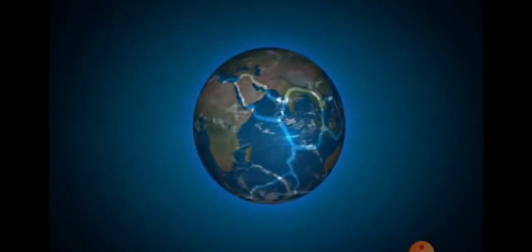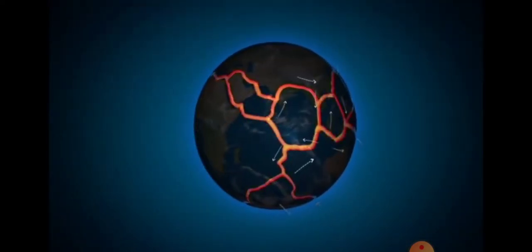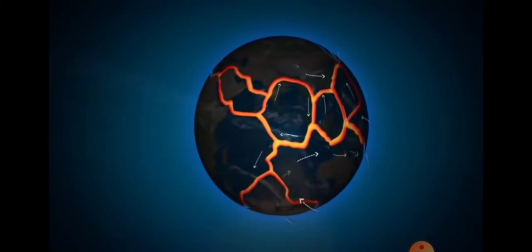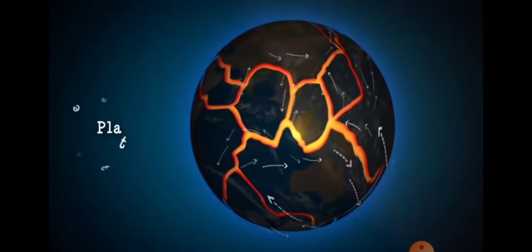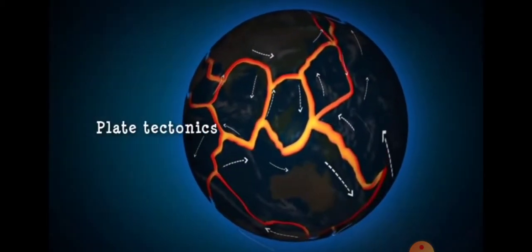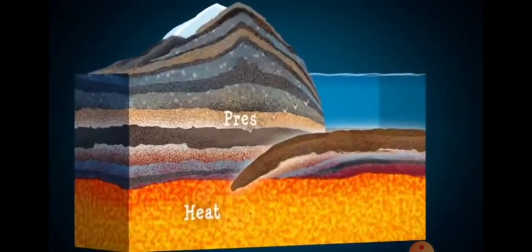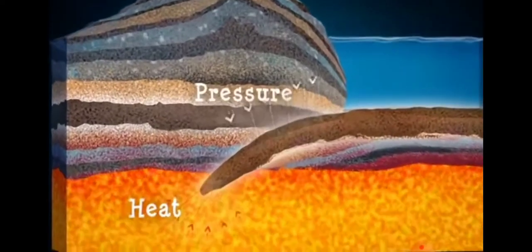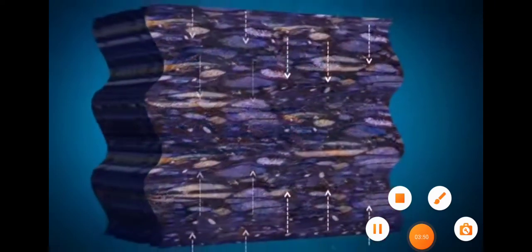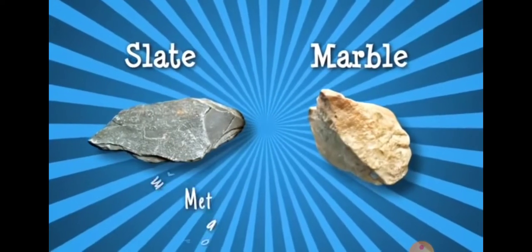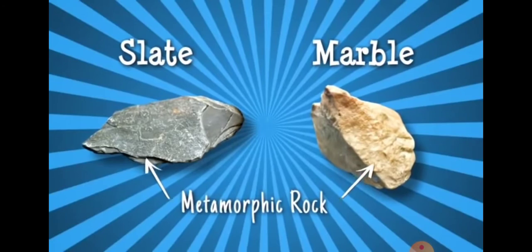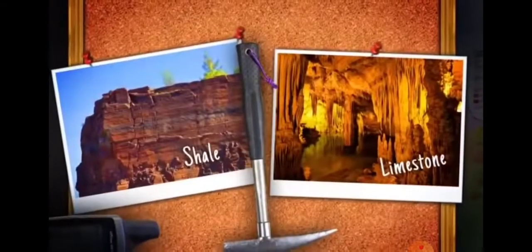Did you know the ground beneath your feet is constantly moving? The continents and oceanic crust are pushing, pulling, and sliding in a process known as plate tectonics. This heats and squeezes rocks, changing their form. Minerals realign or recrystallize to form metamorphic rocks. Slate, used in roof tiles, and marble are examples of metamorphic rocks originally laid down as shale and limestone.